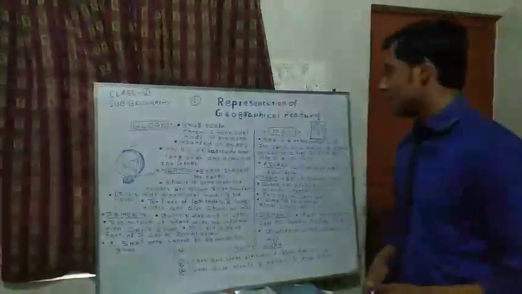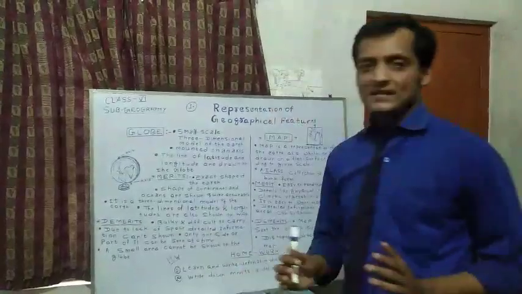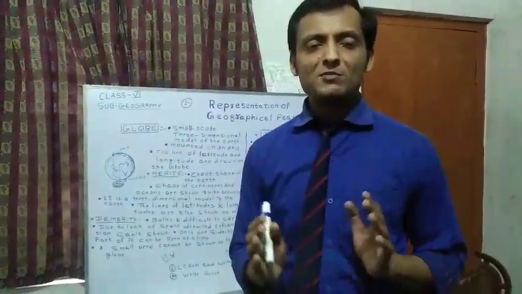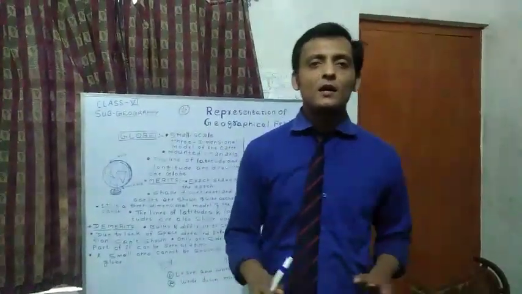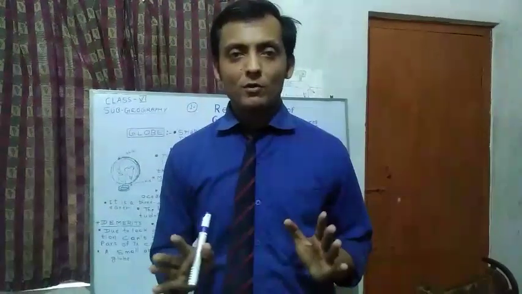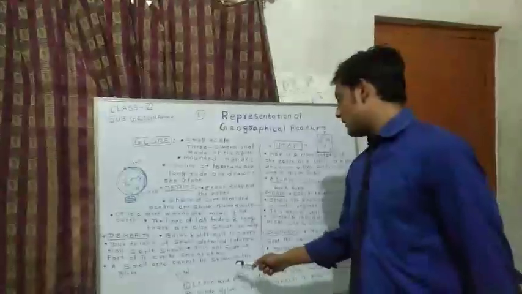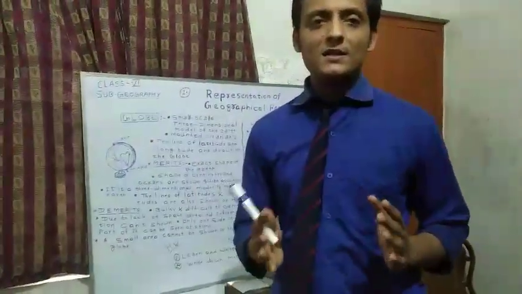Another demerit of the globe is that, due to lack of space, as you know globes are very small, the detailed information of an area cannot be shown. Another demerit of the globe is that it cannot be easily handled.